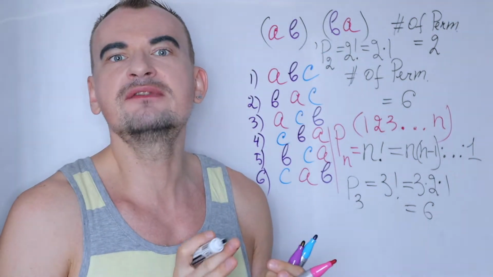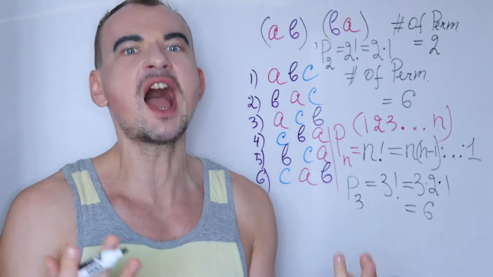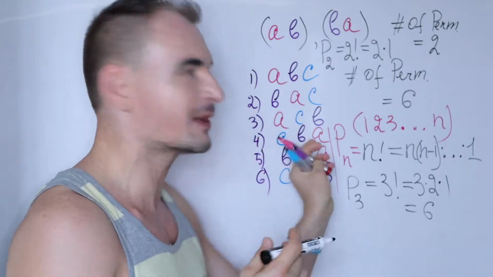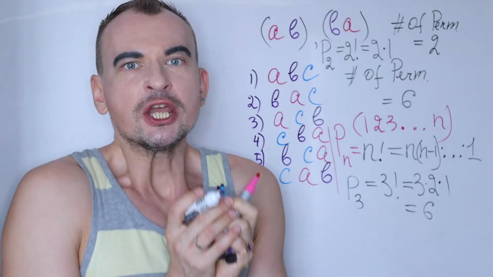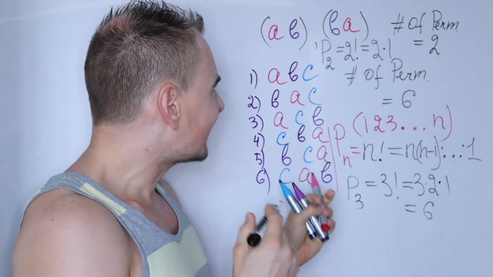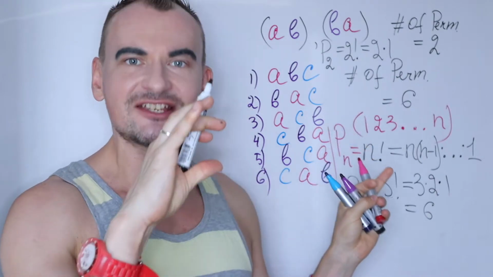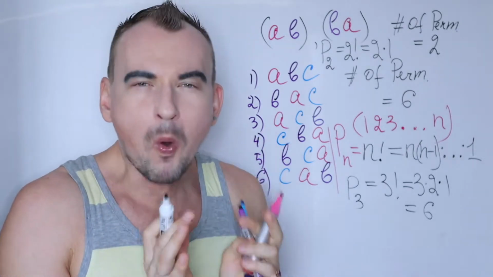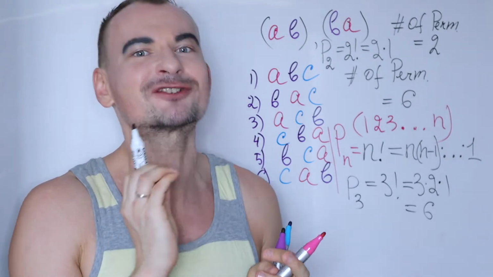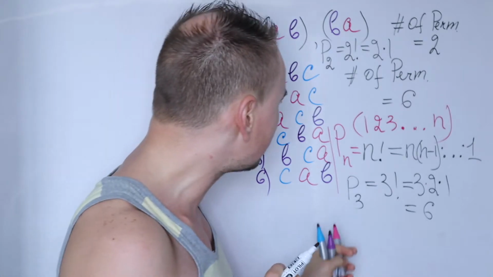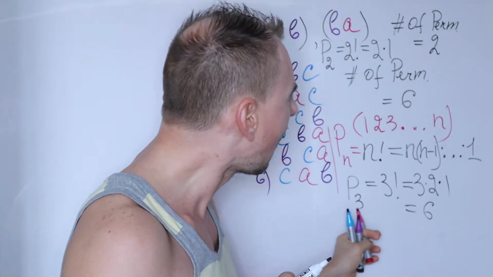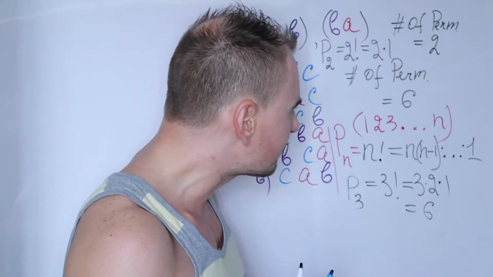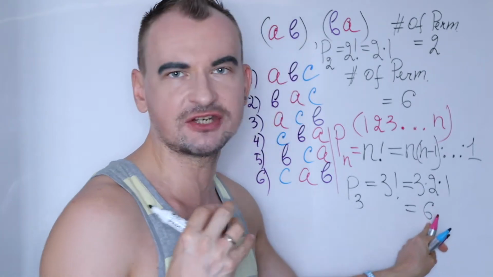So now, if you are given a set of 4 elements, or 5 elements, you don't have to write these permutations explicitly, because you can notice that if n increases, the number of permutations also increases, and it increases rapidly. For example, for P4, you could calculate it for 4 elements. The number of permutations is going to be 24.